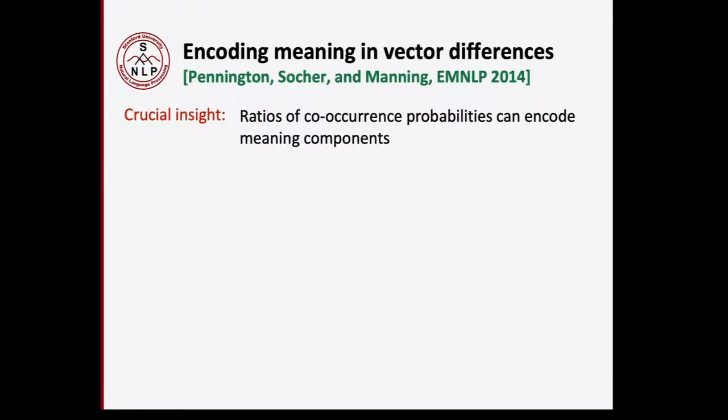In particular, we wanted to get the result in a slightly less hacky way, so that components of meaning are linear operations in the vector space, where they're just some vector you're adding. And so the crucial observation of this model was that we could use ratios of co-occurrence probabilities to encode meaning components.